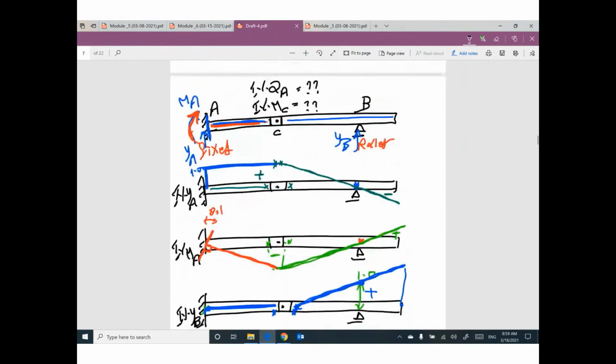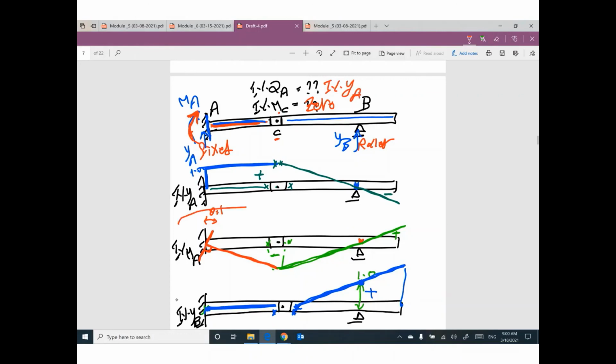One more time. For this example, influence line for moment at C: C is a pin connection, so it will be 0. Influence line for shear at A: A is a support, the edge support. So influence line for shear at A will be influence line for reaction at A also.